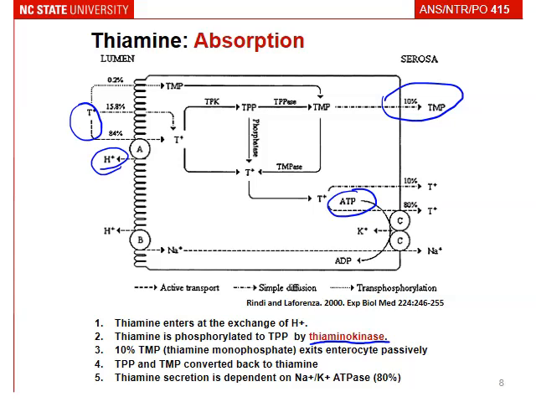So it just passively leaves the cell and enters the blood. We convert it back to thiamine, and our thiamine is secreted using the sodium potassium pump. So this is where about 80% of our thiamine is entering into our blood. 10% of it is able to passively diffuse.